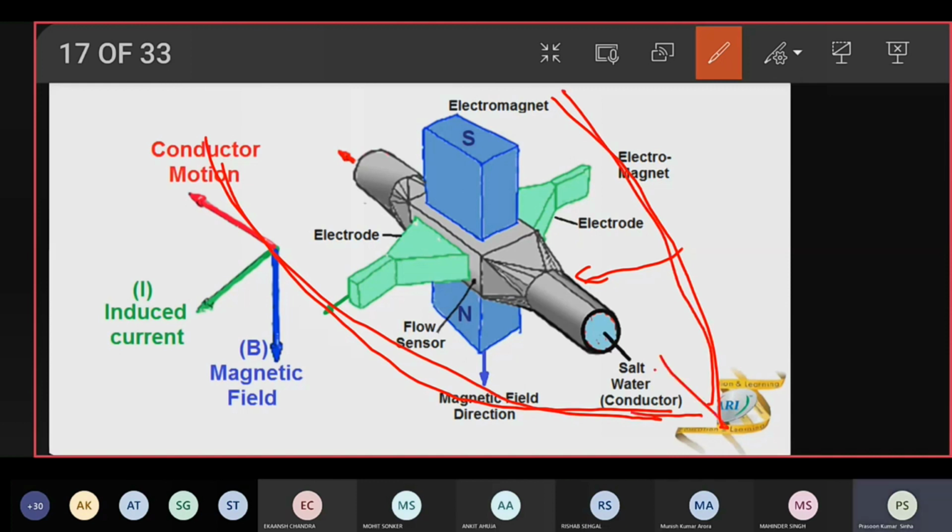So when the ship is going forward, the water will go through this in the opposite direction, backwards. So this gray tube is called a flow sensor, sometimes also called a rod meter. Flow sensor because it is sensing the flow of the water. So, a simple logical name.